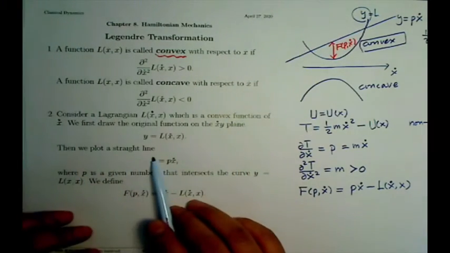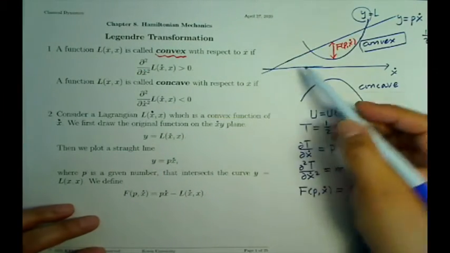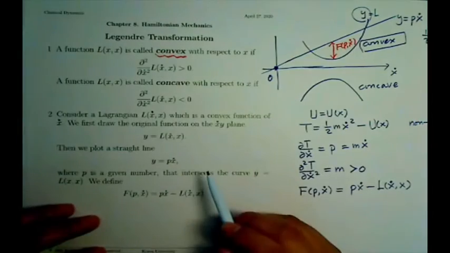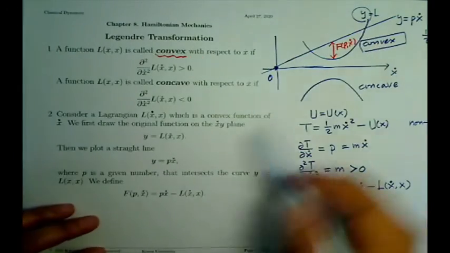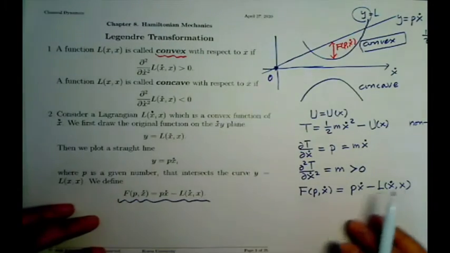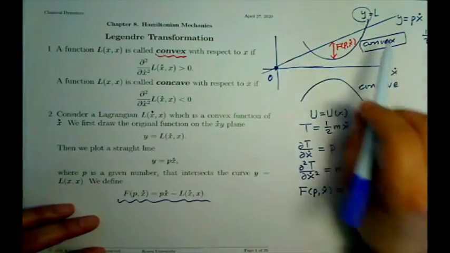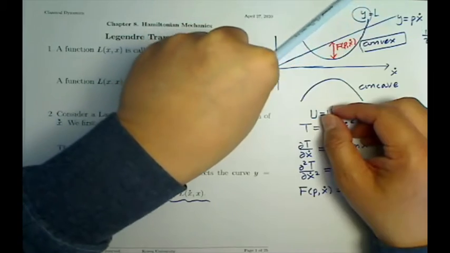Then we plot a straight line. This is a straight line coming from the origin. Then we define this kind of function. This is a function of x dot, and this is a function of the slope of this straight line.